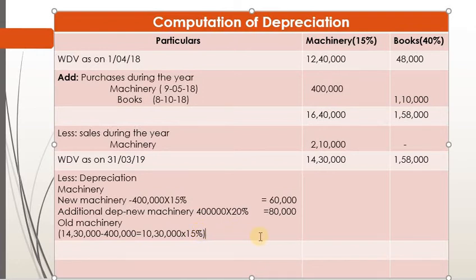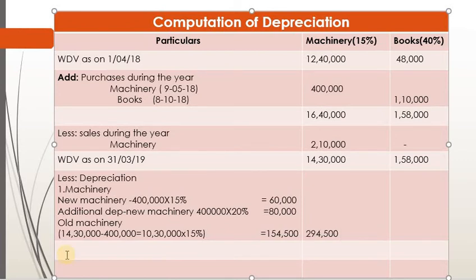How much is 15% of 10,30,000? It is 1,54,500. So total depreciation on machinery is 60,000 plus 80,000 plus 1,54,500, that is 2,94,500. Let's write that amount here.